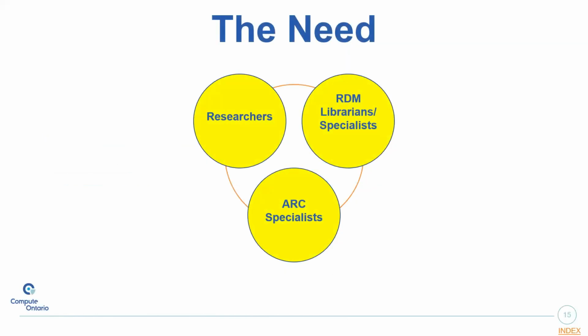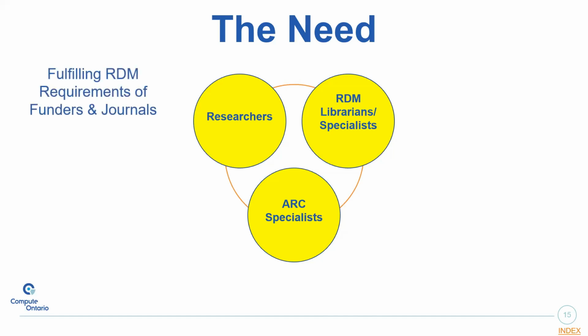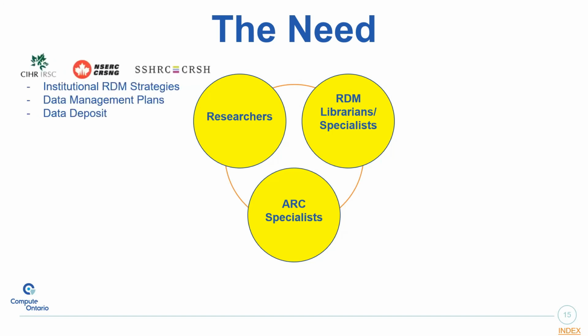Underpinning this presentation are a number of fundamental needs that must be met to better serve HPC researchers and those who support them in Canada. These include fulfilling journal and funder requirements, which in the case of the Canadian tri-agencies includes institutional RDM strategies, and for researchers themselves, the requirement to create data management plans and to deposit data into a recognized data repository.